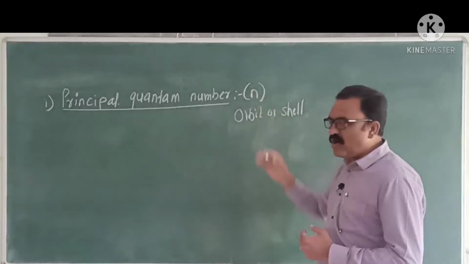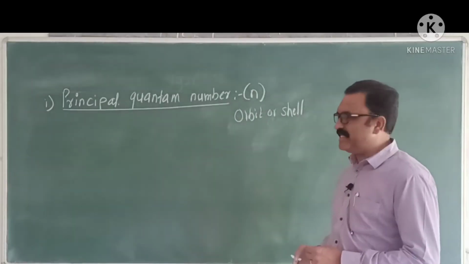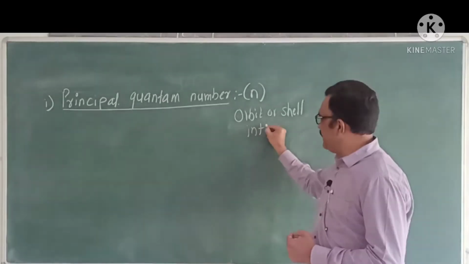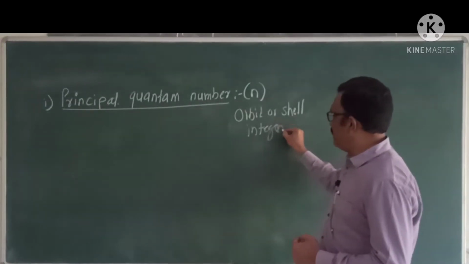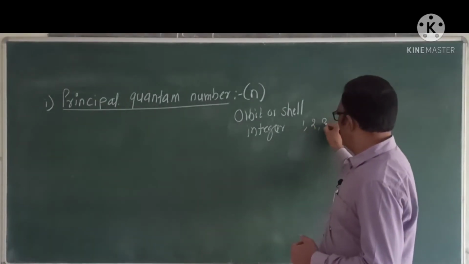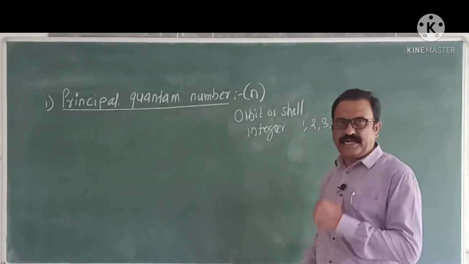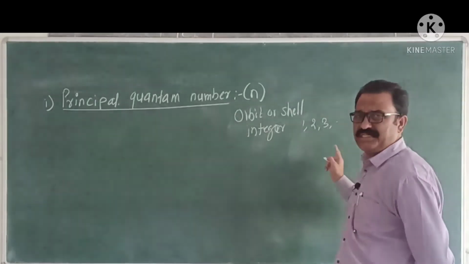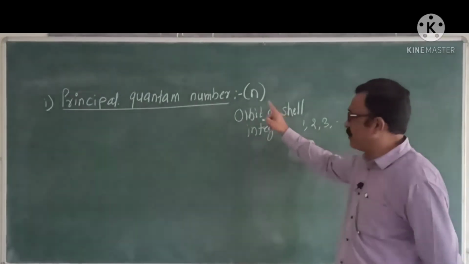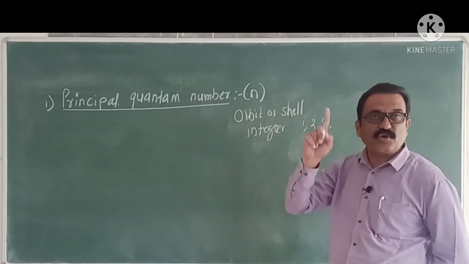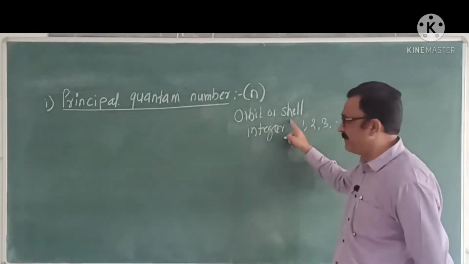This principal quantum number has all positive integer values like 1, 2, 3, etc. When n is equal to 1, the electron is present in the first orbit or first shell.